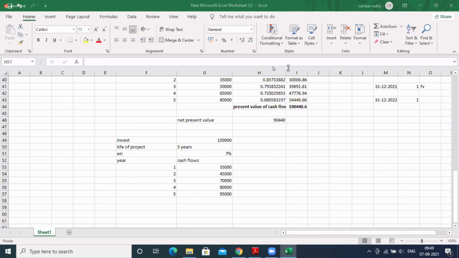So here I got an answer from Naina, 2,57,792. For the time being, I will be putting it in my Excel sheet. We'll see whether it is correct or not. 2,57,922.